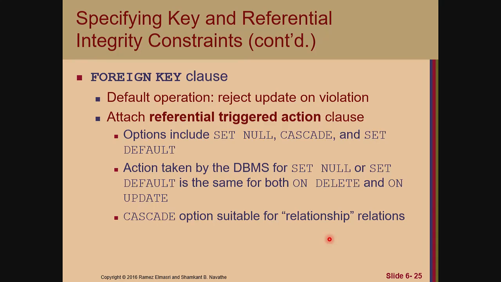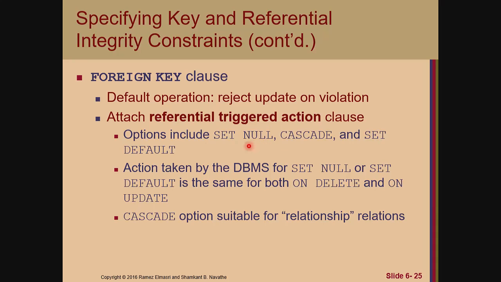And what else? Here is the foreign key clause to default operation: reject, update, or violation. You have to understand when we insert data, it may violate referential integrity. You can set a referential trigger action. For example, options include SET NULL, CASCADE, and SET DEFAULT.